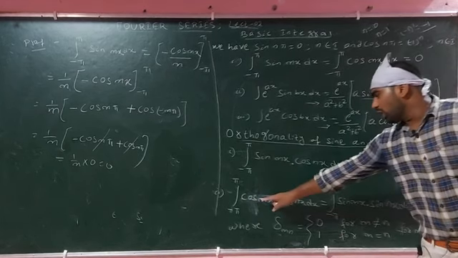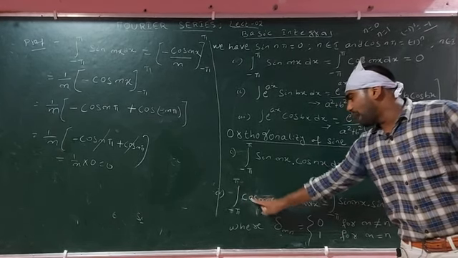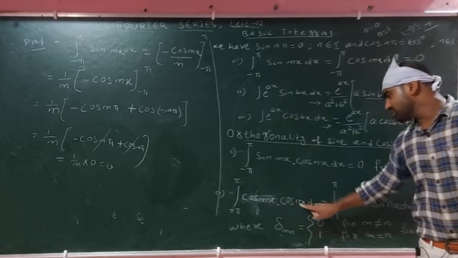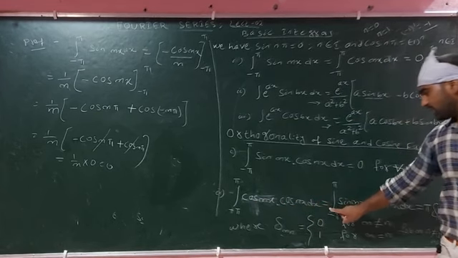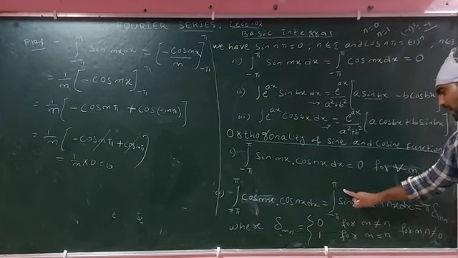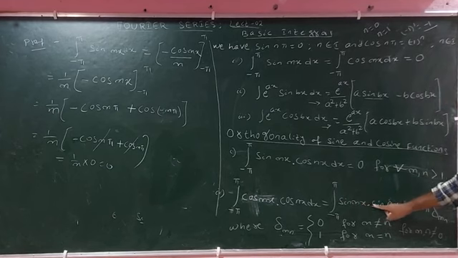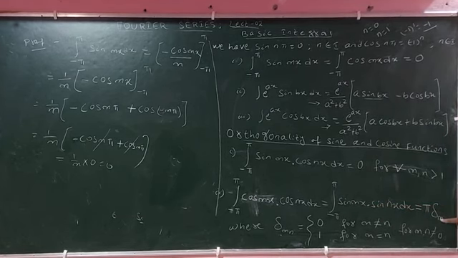Similarly, the integration from minus pi to pi of cos mx cos nx dx equals the integration from minus pi to pi of sin mx sin nx dx equals pi delta mn.